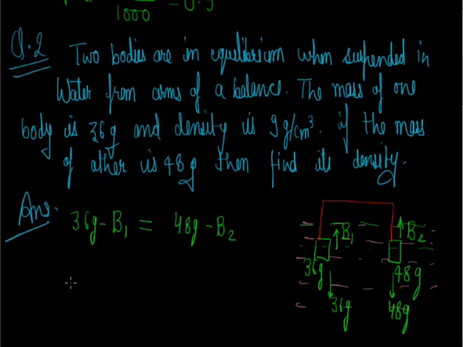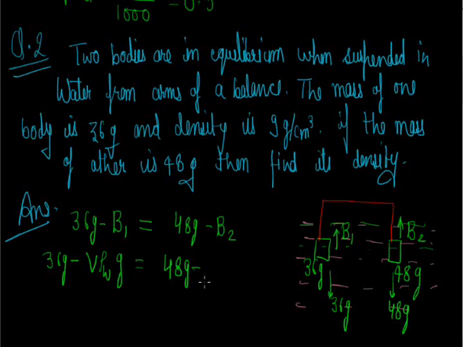Now as we know, buoyant force can be written as V d g, so 36 g minus volume V1 times density of water, which we write as rho W, and g, equals 48 g minus again the buoyant force, V2 rho W g, where volume of the second body is V2 and the volume of the first body is V1.